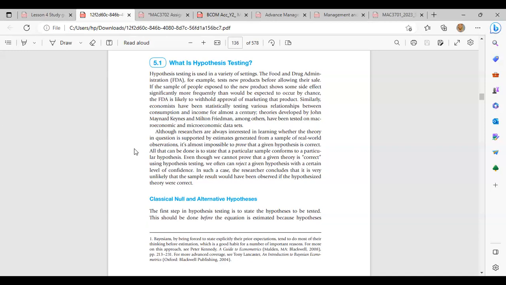This is what the FDA, the Food and Drug Administration, basically does now. They want to make sure that before a drug or anything is released for consumption, a reasonable amount of tests have been conducted. This was the biggest gripe over the COVID vaccines. People were saying these haven't been tested long enough.